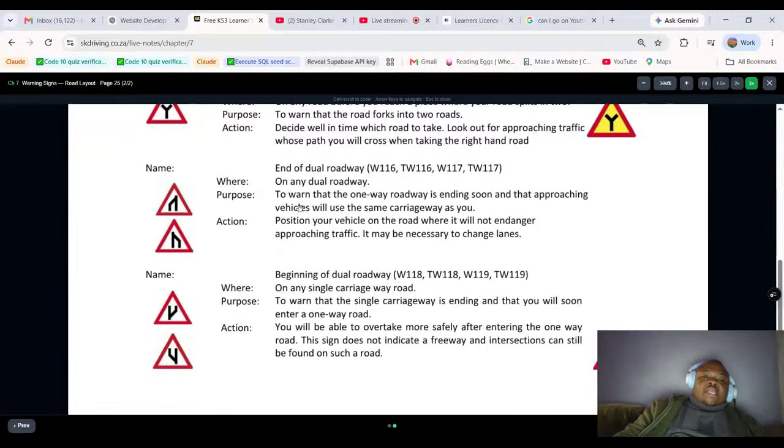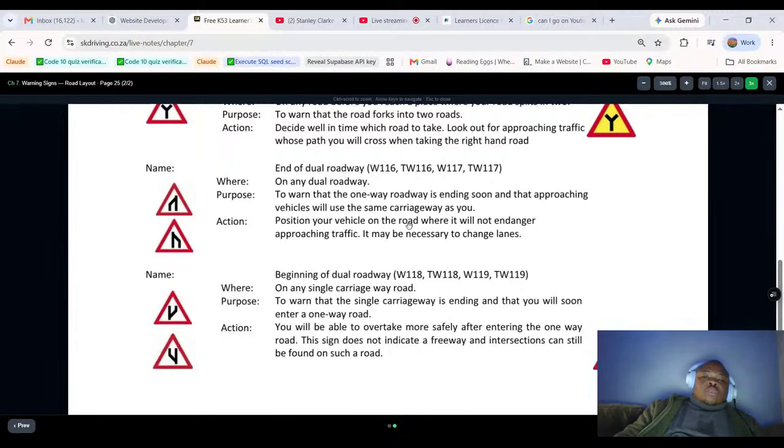And then next, this is the end of a dual way. Dual means two. The purpose is to warn you that the dual way is ending soon and that approaching vehicles will use the same carriageway.